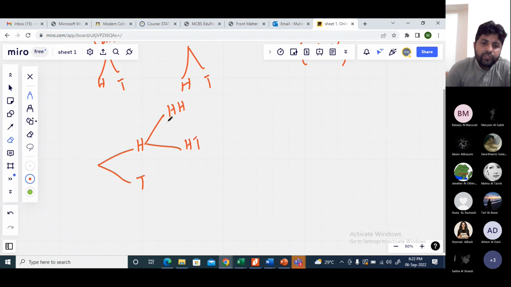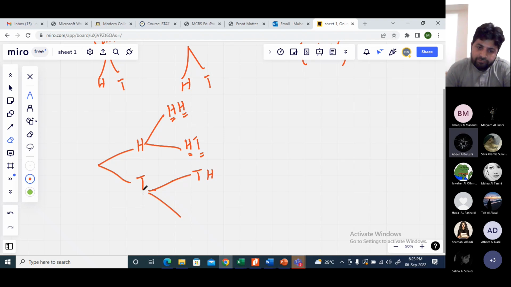If the first coin is head, the second will also be head. If the first coin is head, the second will be tail. But if the first coin is tail, the second coin can be head, and if the first coin is tail, the second coin can also be tail.